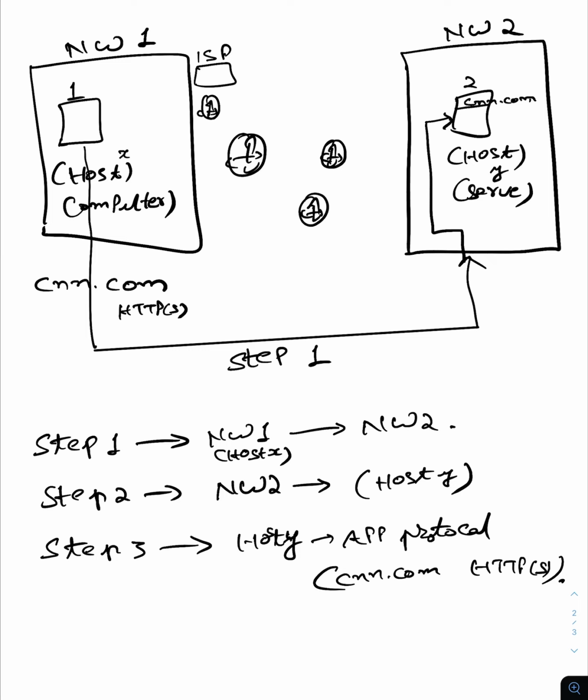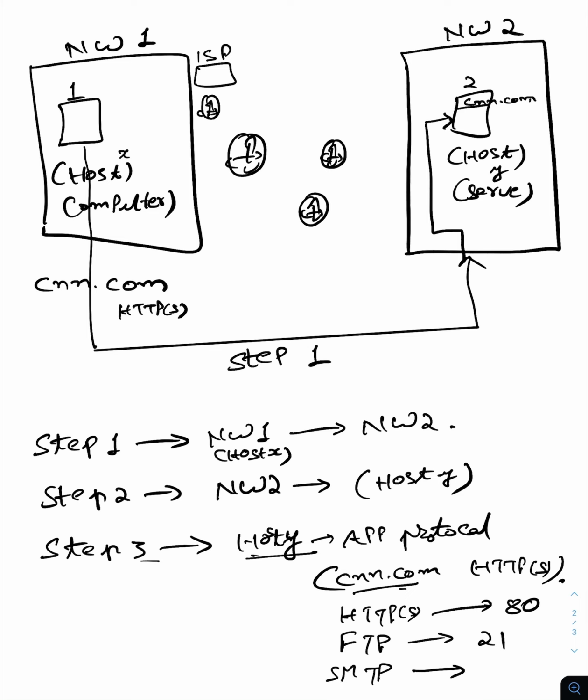Each application protocol has its own port number. So when I say it requests cnn.com, it takes a port number with it. So cnn.com over http is port 80, and if your application protocol is FTP, I guess it's the standard port 21.